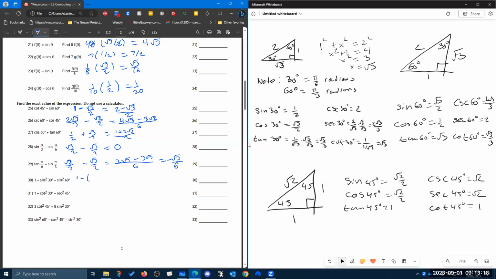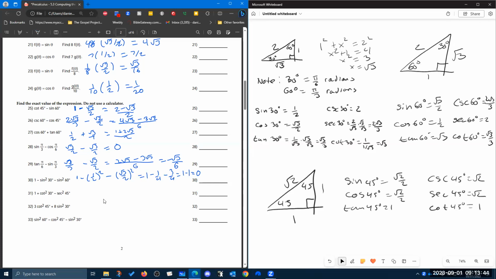Sine of 30 degrees is 1/2. We're going to square that. Sine of 60 degrees is √3/2. So this is going to be 1 minus 1/4 minus 3/4, which is 1 minus 1 is 0. If we'd used our complementary angle theorem, we would see it was going to work out that way.